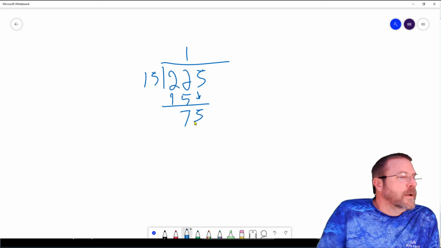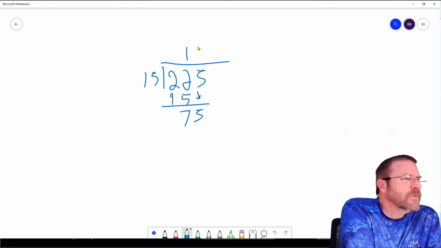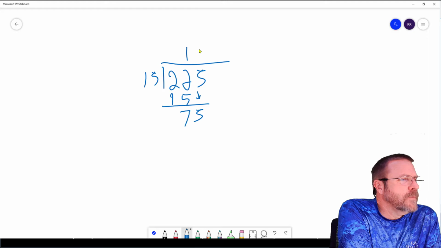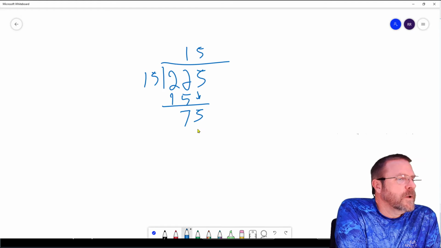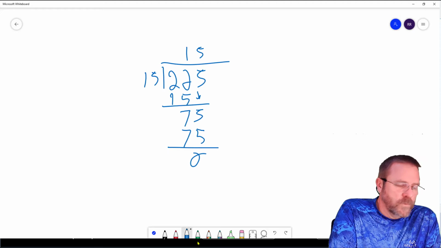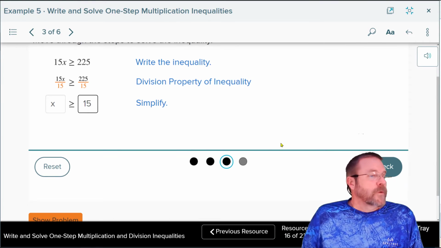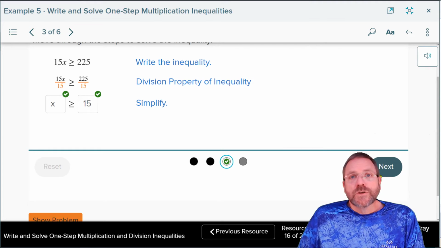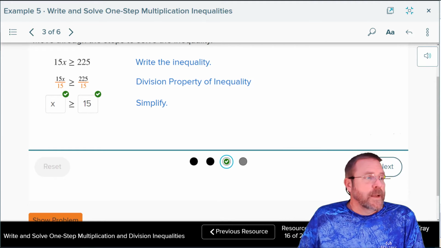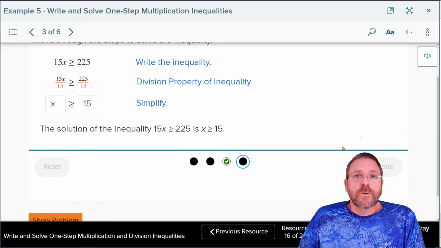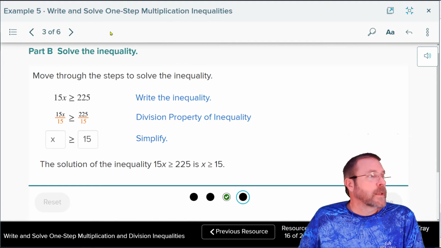Bring down the 5, and that's going to be, I believe, 7. Nope, not 7. 5 times 5 is 25. 5 times 1 is 5 plus 2 is 7, 75. Yep, so my answer is going to be that x is greater than or equal to 15 hours. Check it. She must work at least 15 hours in order to make that $225 she wants to make.